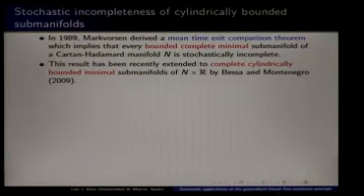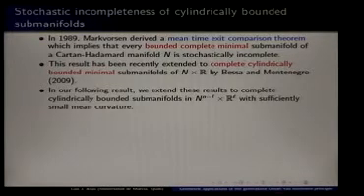This result has been recently extended to the case of complete cylindrically bounded minimal submanifolds in this product space. And in our following result, we are able to extend this to complete cylindrically bounded submanifolds, not necessarily minimal, but with sufficiently small mean curvature.